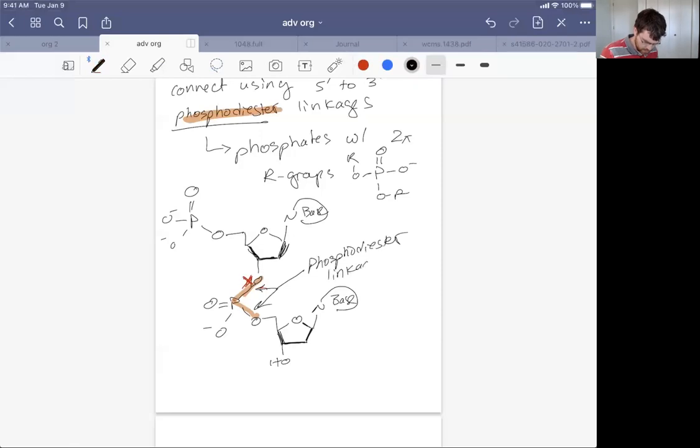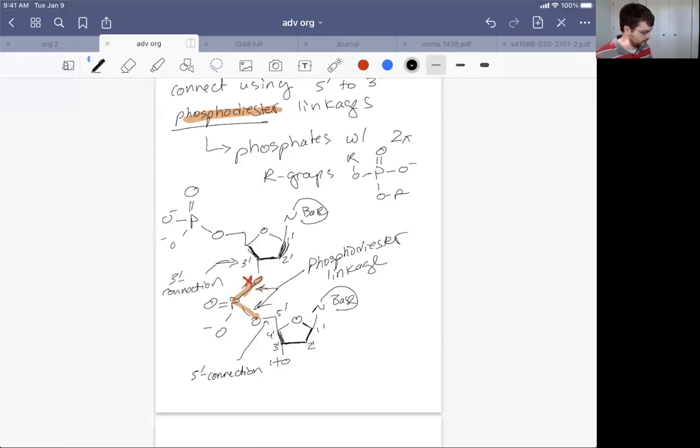Now it occurs at the 3' and the 5' positions of the sugar. If we count off, we have 1, 2, 3, 4, 5. And all of these are primes because the base has counting. So there you can see the 5' connection. And then that connects to the 1', 2', 3' connection of the upper sugar.